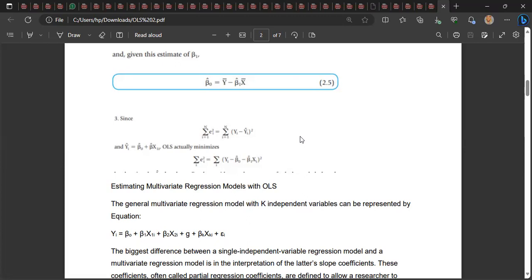So suppose you just guess your line and you put up a line that joins two of those points on the scatter plot, and then you can come up with an equation. So once you calculate your residuals there, that's not going to give you the smallest value of your residual squared.